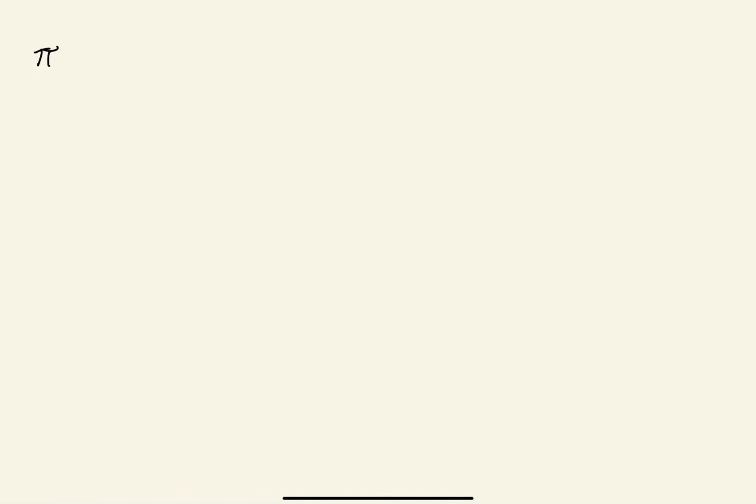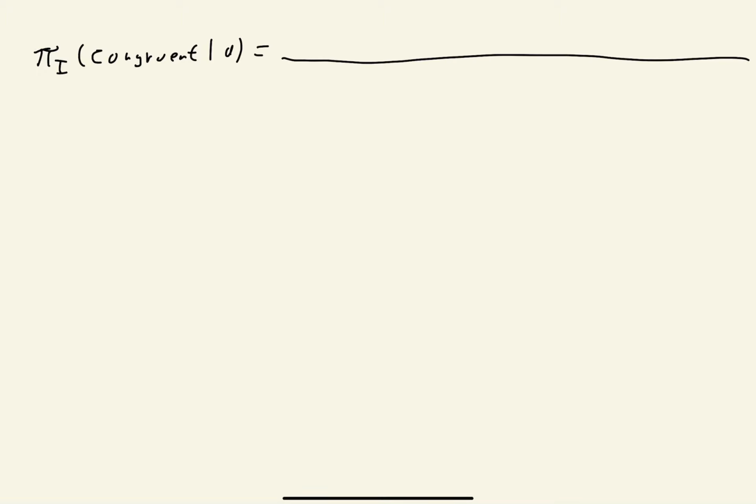So the probability that the incumbent is of a congruent type, given that policy A was chosen in period 1, is given by the following. Now I'm using Bayes' rule.